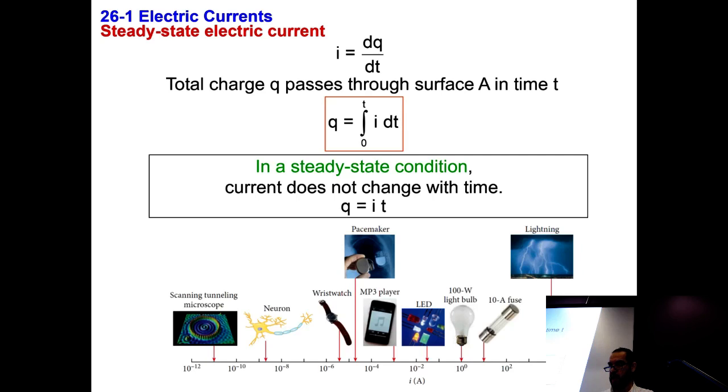If the current is too high, it might burn your microwave, your refrigerator and so on. So to protect them, we use fuses that have a limit. When the current exceeds a certain value, it will melt the filament.